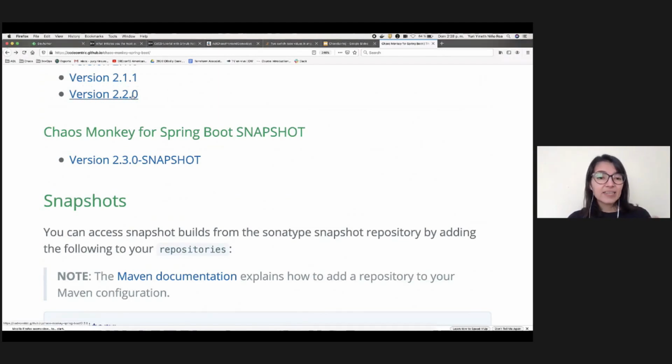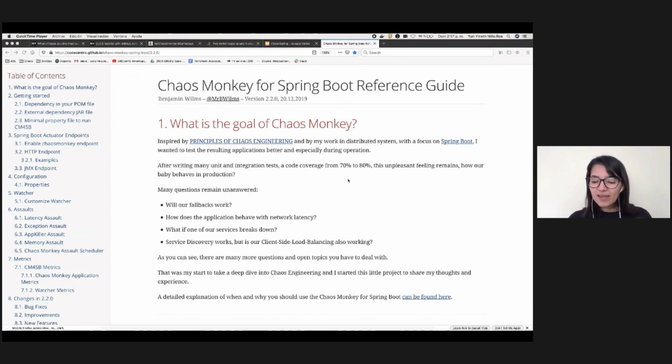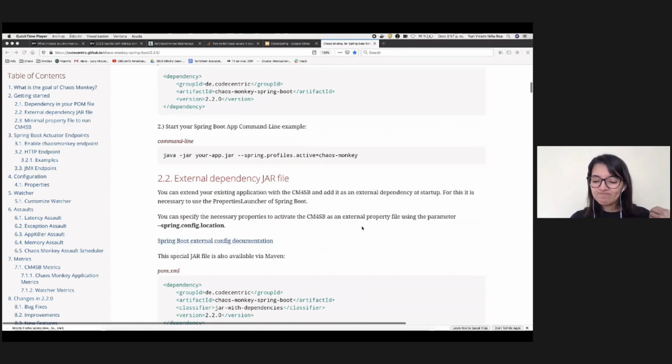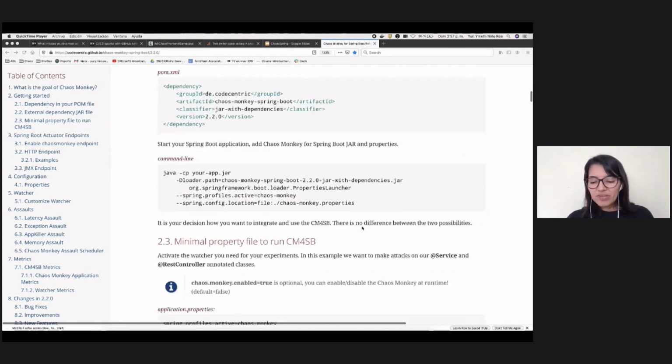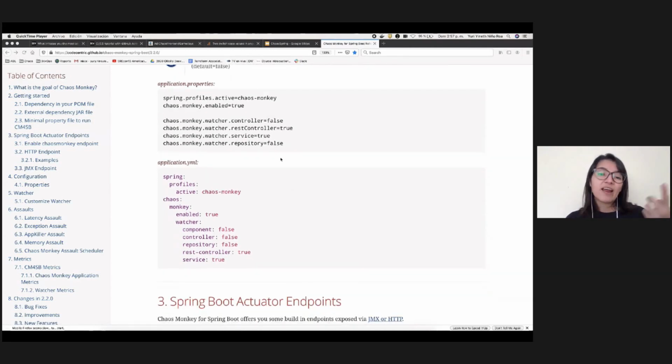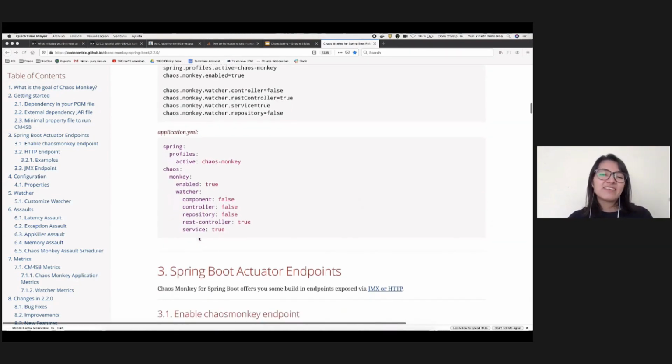If we click on a specific version, we have the possibility to interact with the reference documentation for that version. For example, we have an example of an application properties or an application YAML in our microservices implemented with Spring Boot, with the lines for activating Chaos Monkey and activating the profile in order to have the possibility to launch attacks.